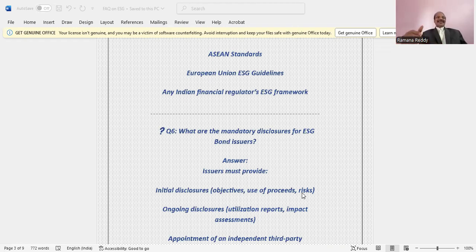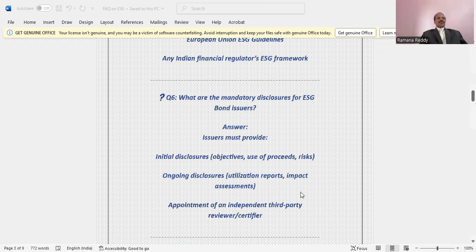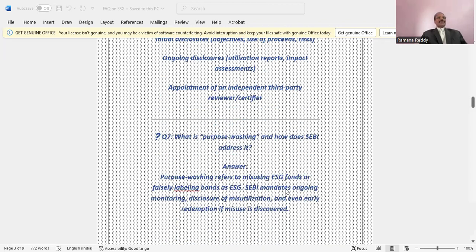Also, appointment of an independent third-party reviewer and certifier is mandatory. So these are the mandatory disclosures for ESG bonds.